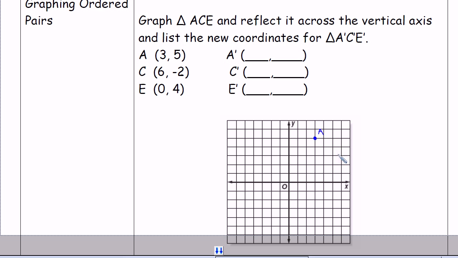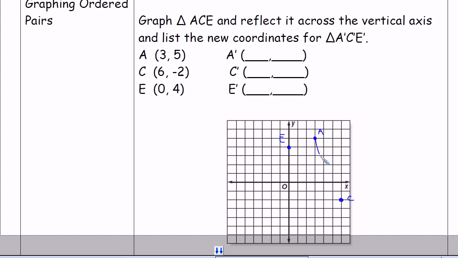There's my A. C is 6, negative 2, so 1, 2, 3, 4, 5, 6 to the right because that was a positive, and then 2 down because that's a negative. E is 0, 4, so I don't move any left or right, I stay right here, but then I go up 4, 1, 2, 3.